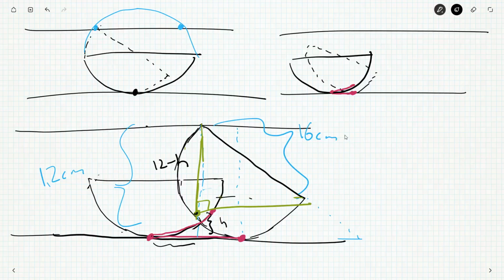In fact, is 16 ever the hypotenuse? No, it couldn't be. So that's pesky.